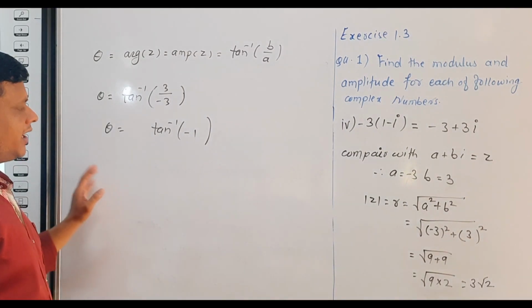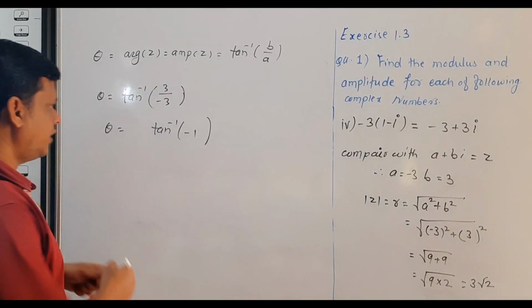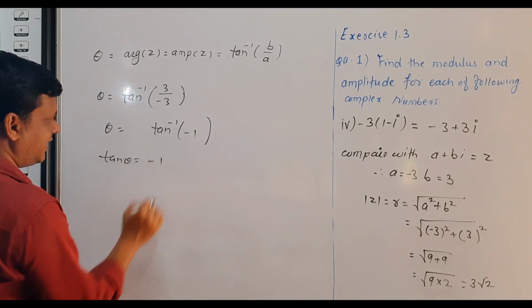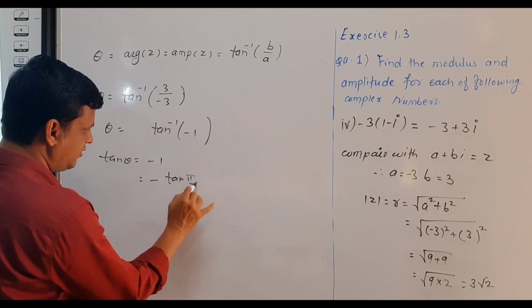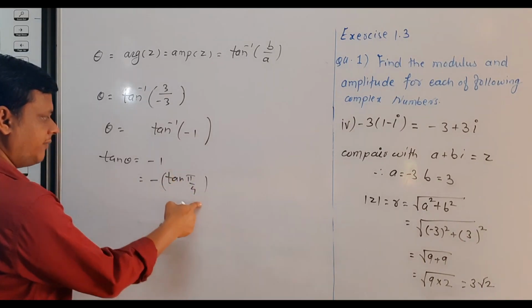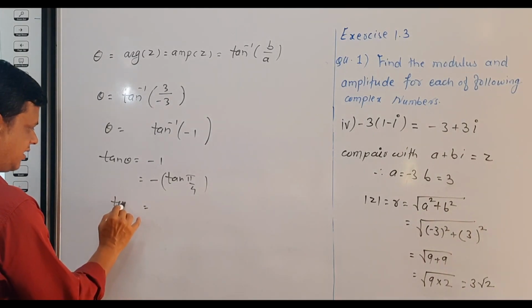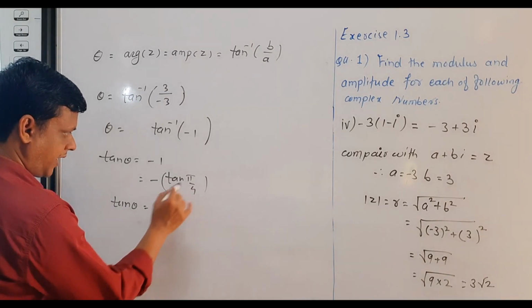Now if you require the answer provided in the textbook, you have to write tan theta equals minus 1. So tan pi by 4 is 1. So we write this 1 as tan pi by 4. So we write tan theta equals minus tan pi by 4.